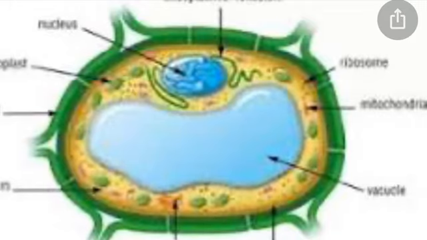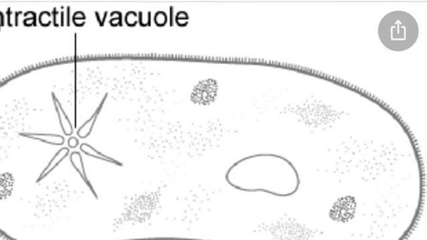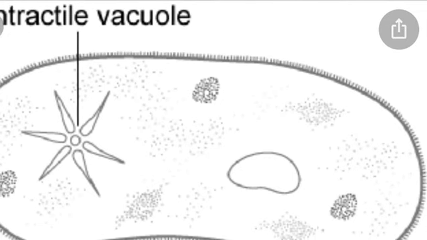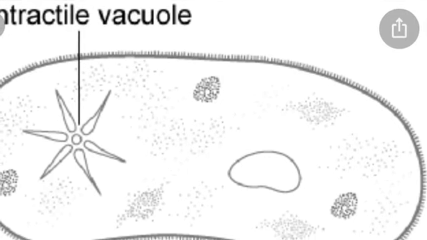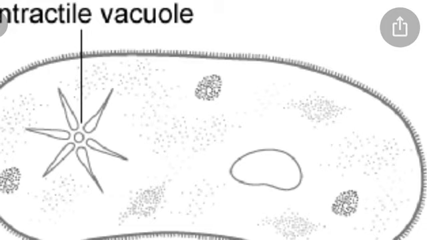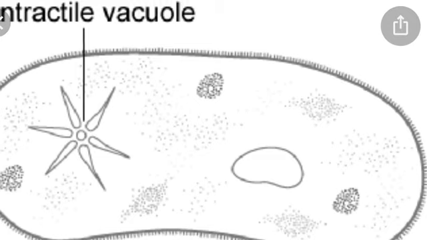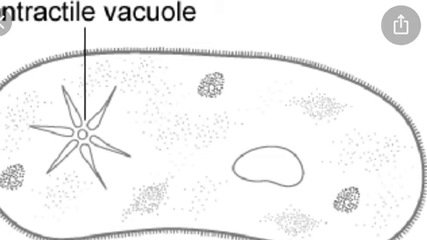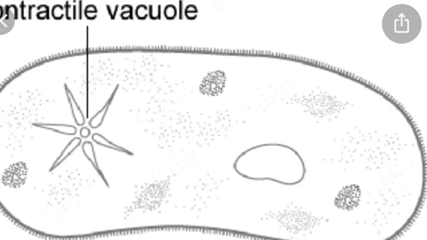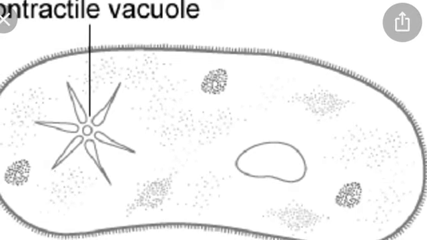The other type of vacuole that I need you to be familiar with, often found in protists, is the contractile vacuole. The contractile vacuole is responsible for osmoregulation in protists, like the amoeba, euglena, and paramecium. Osmo means water, regulation means control. So the contractile vacuole controls the amount of water in those types of cells.